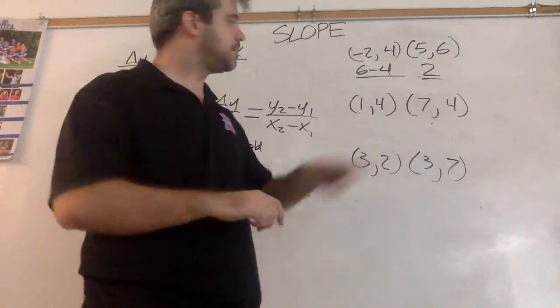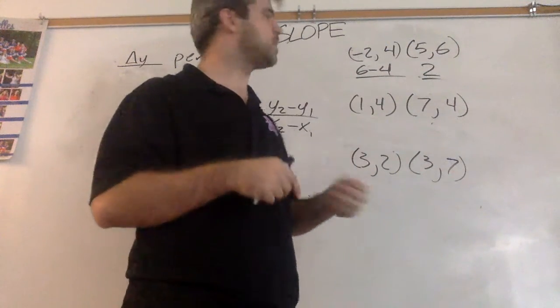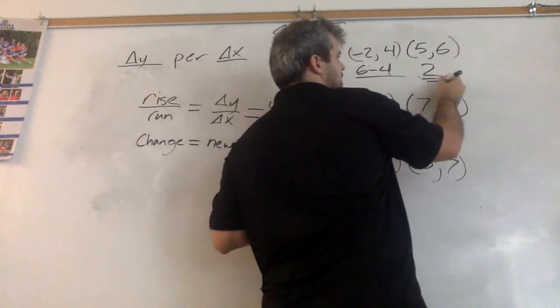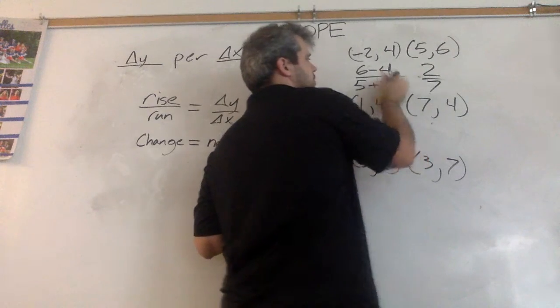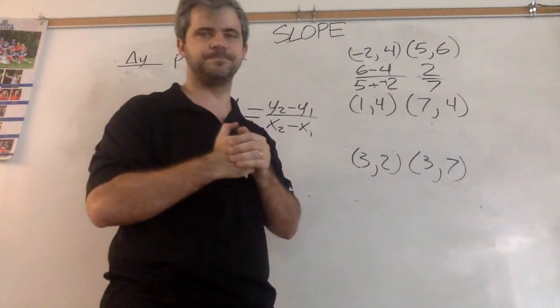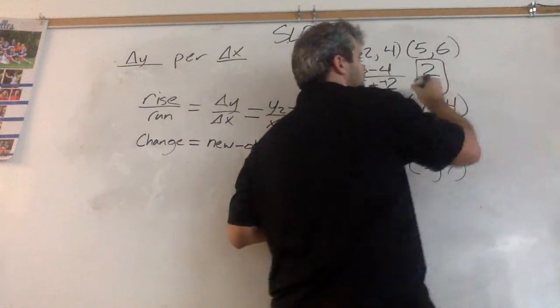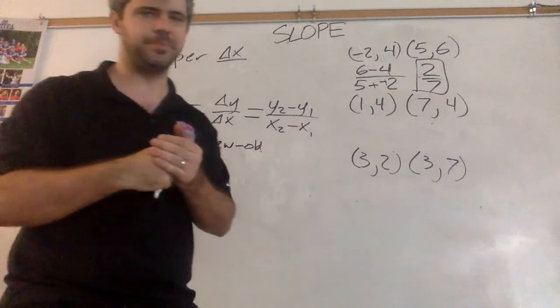What about x? Is x increasing or decreasing? Well, it's increasing. -2 to 5, that's 7 because it's 5 minus -2. Okay, so my slope is 2/7.